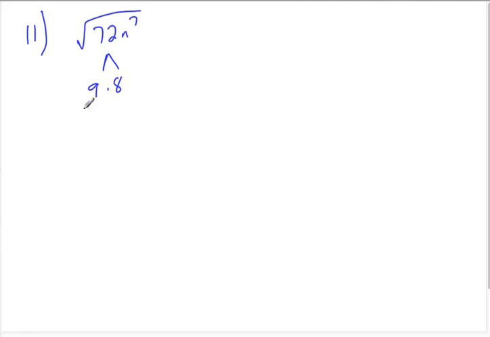9 times 8 is 72. 9 is a square number. Ooh, 8 can go further down, so we have 2 times 2 times 2. So we have 3 times 3, so all those, we have some n's, 7 of them. Okay, so each pair we can pull out. So we have a 3, we got a 2.